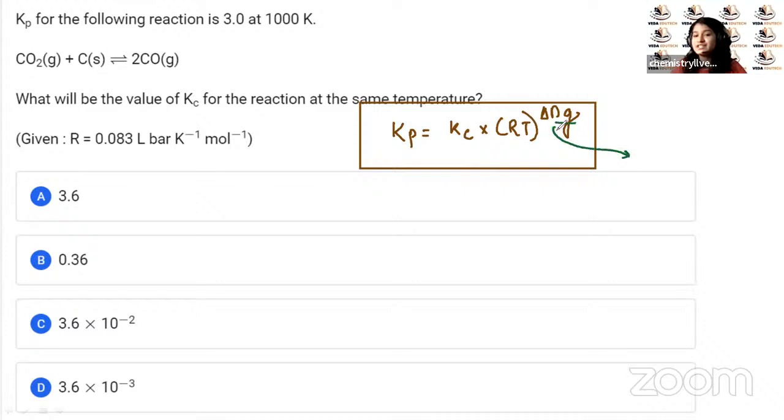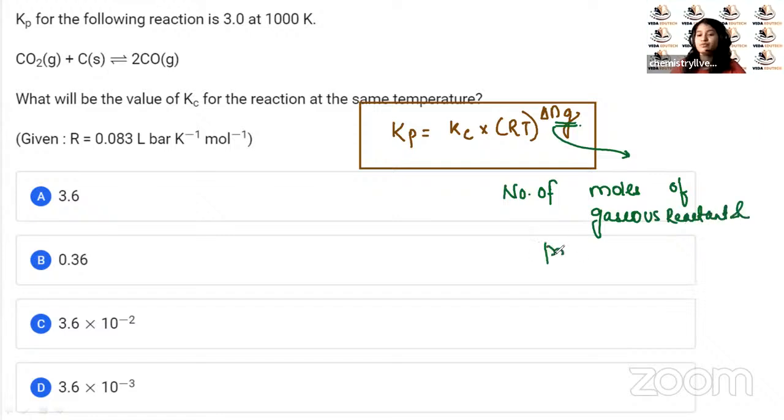As we see here, Ng is written, so we are going to consider the number of moles. N is the number of moles of gaseous reactants and products. Now, talking about delta N, what is delta N, children?